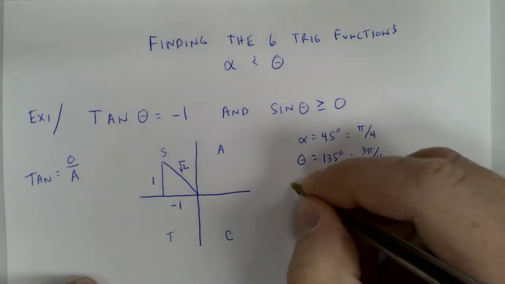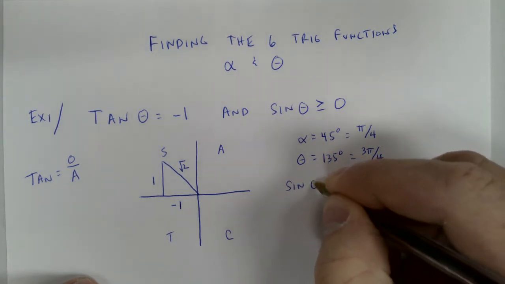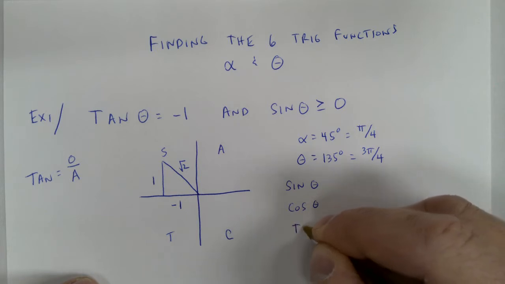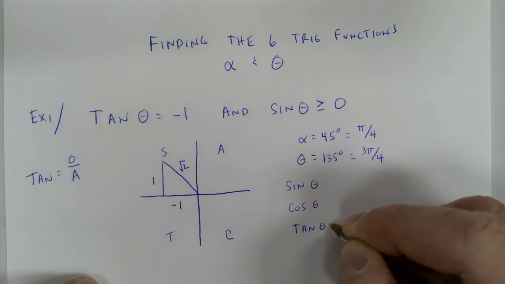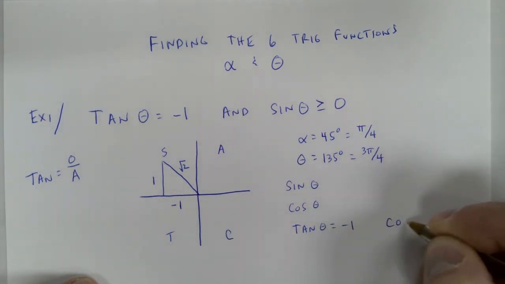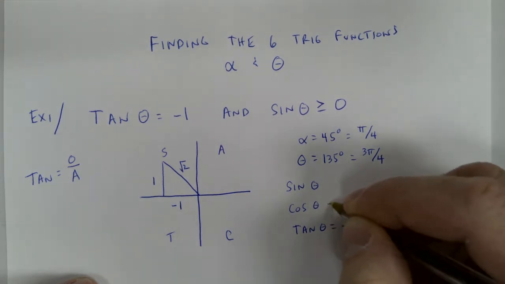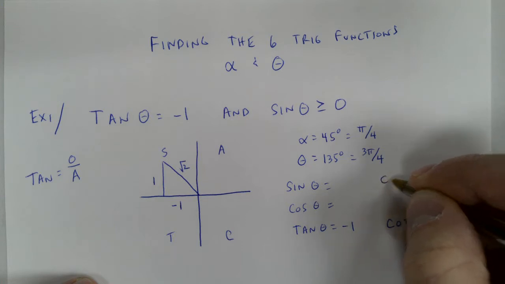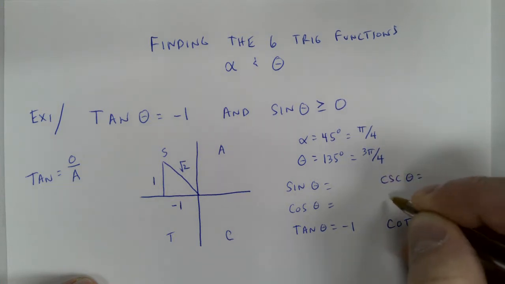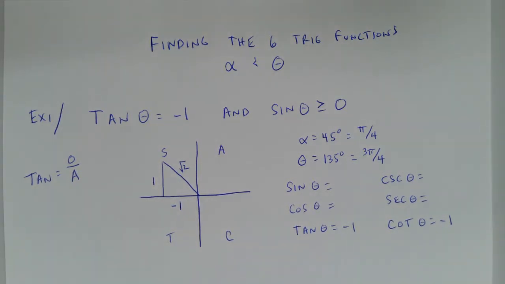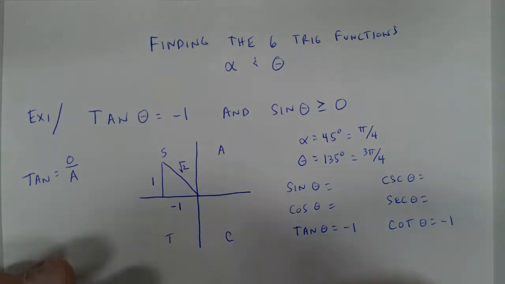Now we're going to go ahead and find our six trig functions: sine, cosine, tangent. We already know tangent is -1, so cotangent is also going to be -1. Sine we know is opposite over hypotenuse. Again, you can go ahead and fill this in.